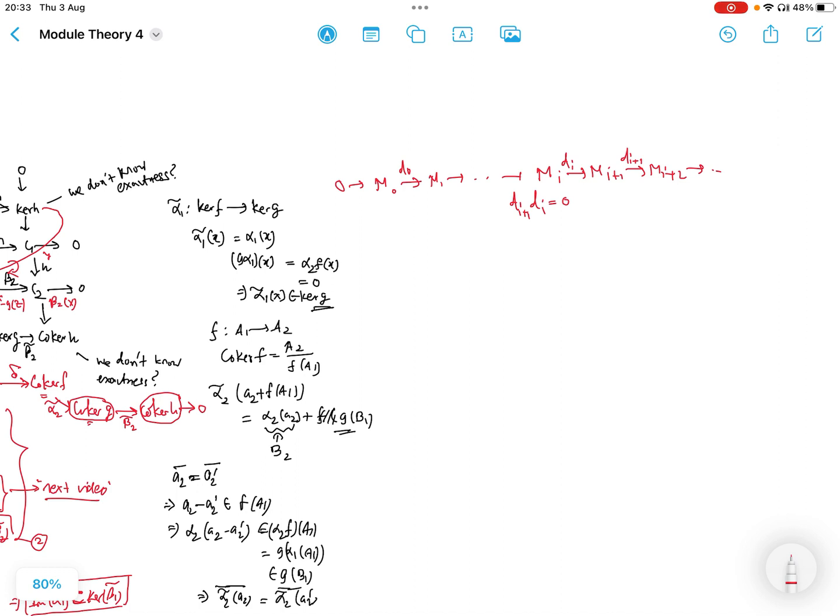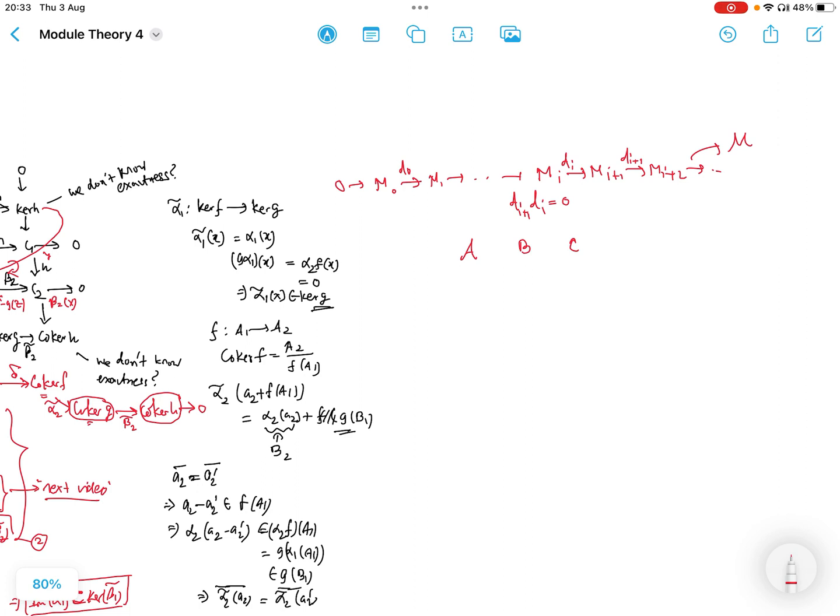Suppose we have three such chain complexes. Say A, B, and C. You have these three chain complexes, and you have a short exact sequence between these chain complexes.